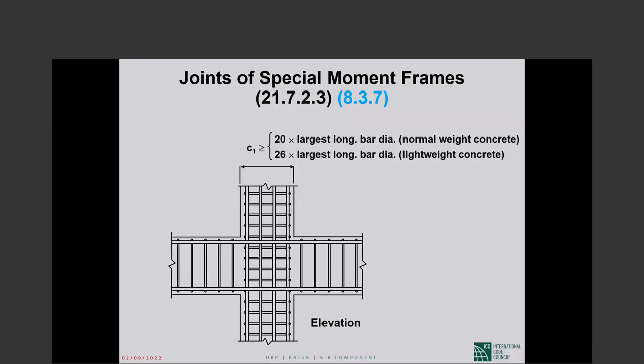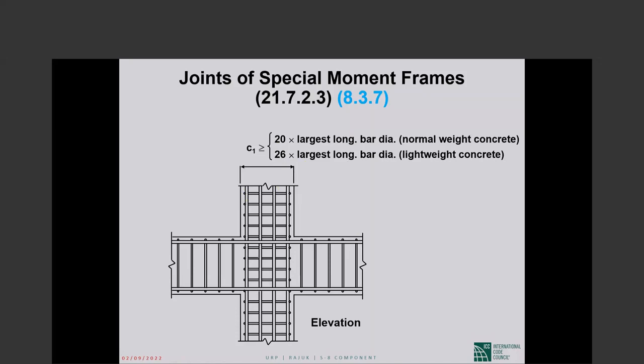To minimize that bond slip, not to eliminate it, the Committee on Joints, ACI 352, sent us recommendations to 318 that this column dimension be 36 times the largest longitudinal bar diameter. That was absurd.